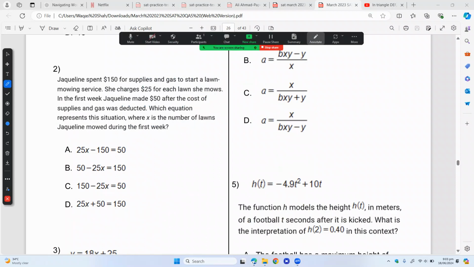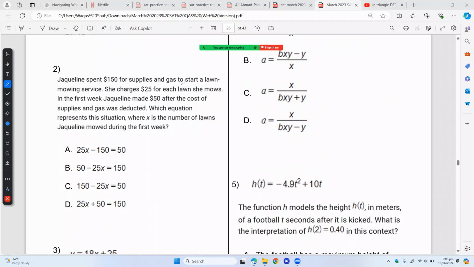Similarly, the next question. In the second question, it says that Jacqueline spent $150 for supplies and gas to start a lawn mowing service. She charges $25 for each lawn she mows. In the first week, Jacqueline made $50 after the cost of supplies and gas was deducted.